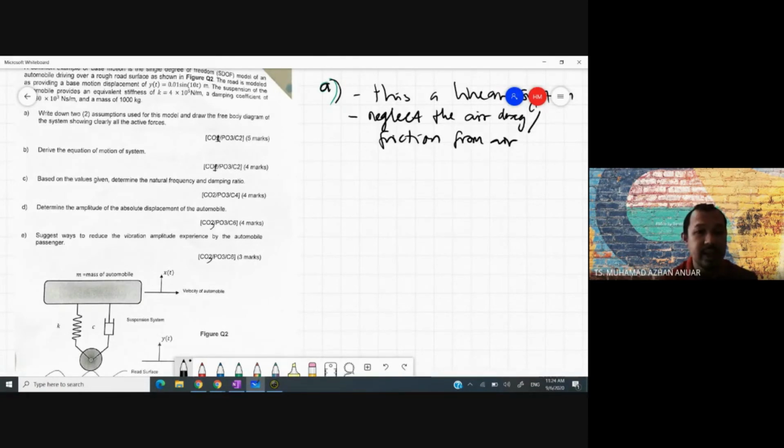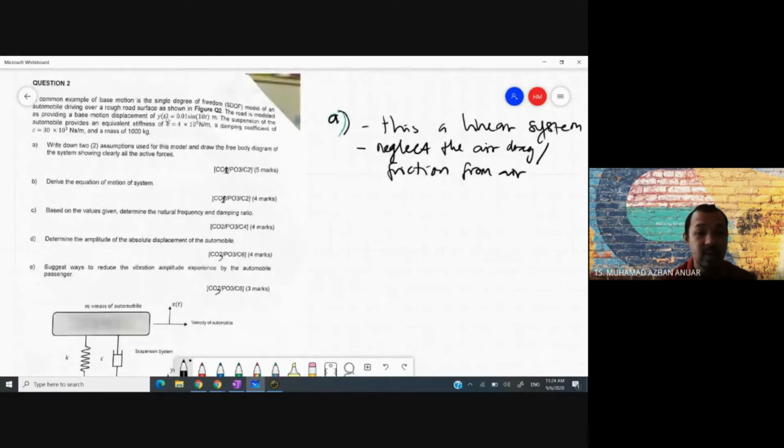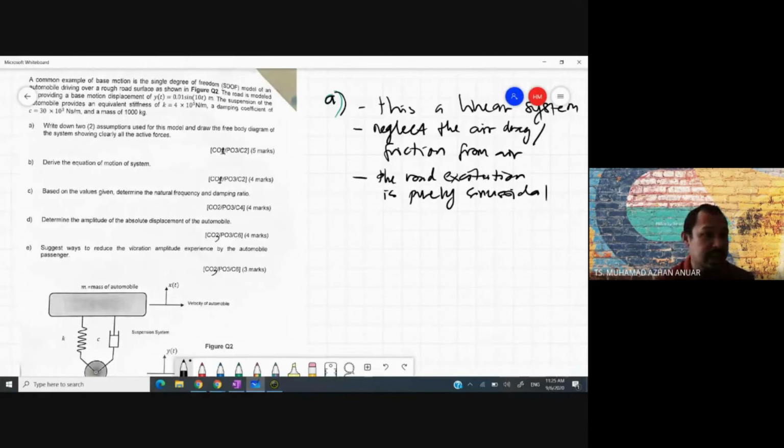Or we can make the assumption that the road excitation is purely sinusoidal, because we use a sinusoidal equation. Okay, so that is the answer for question A.